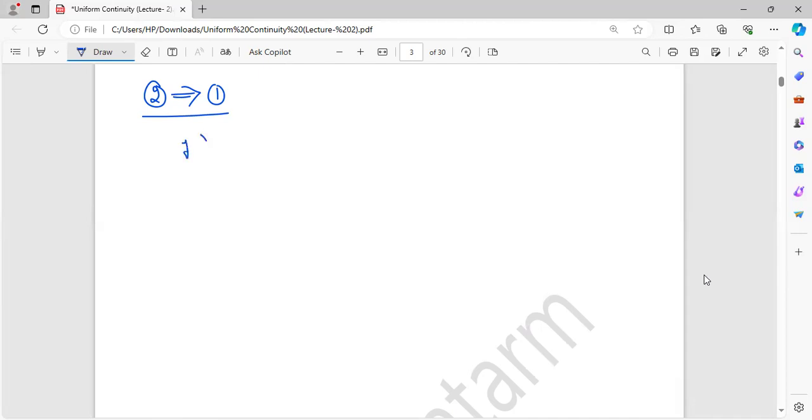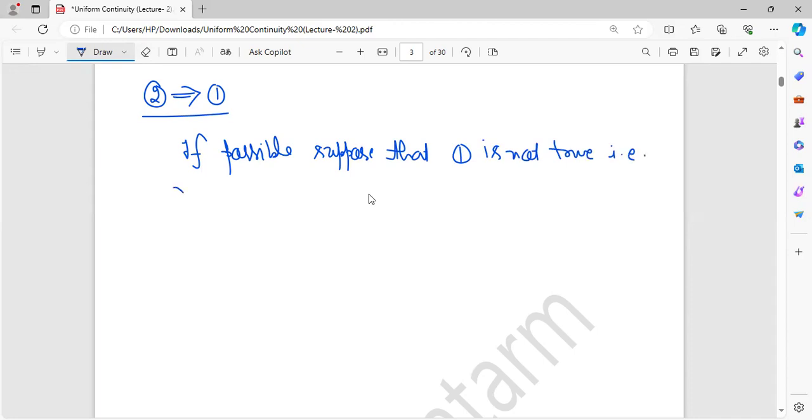If possible, suppose that statement 1 is not true. It means f is not uniformly continuous.